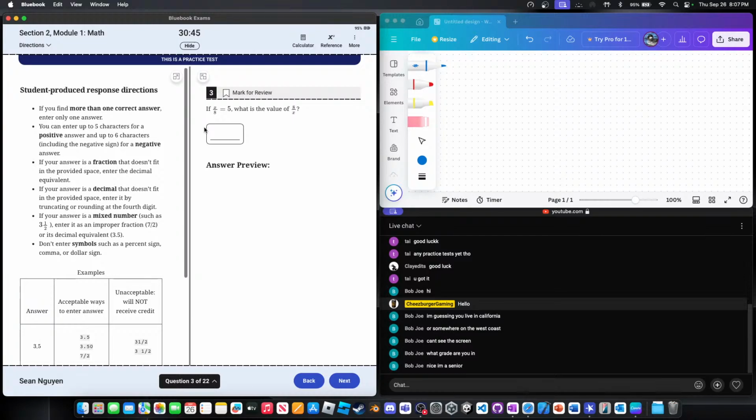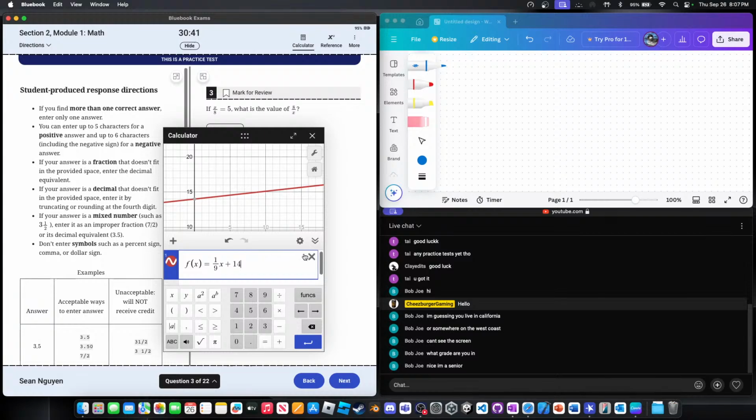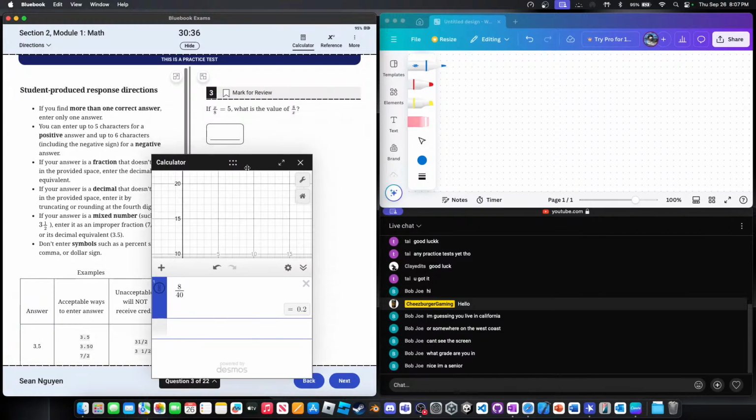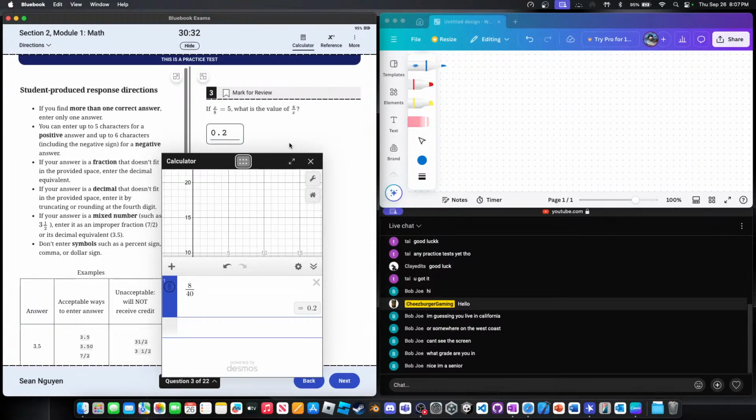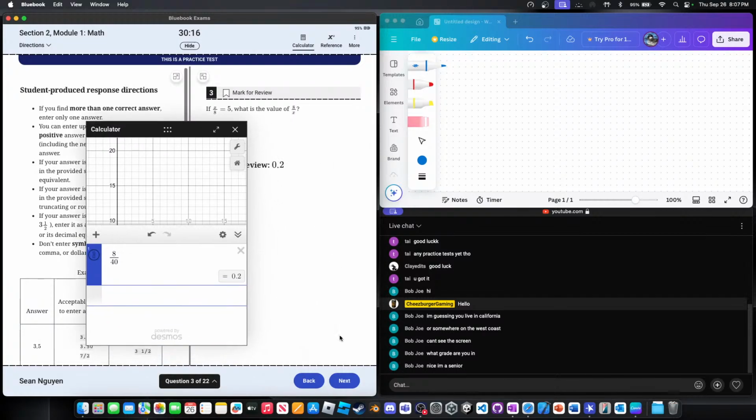So it's going to be 8 divided by 40, and we're going to be left with that number, 0.2. That should be our answer. You guys can double check real quick if you guys are following along. 8 divided by 40. Yep, 0.2. Seems to be the correct answer.